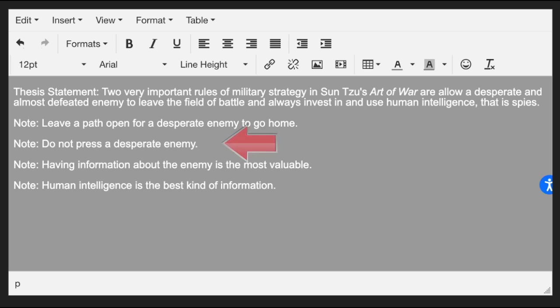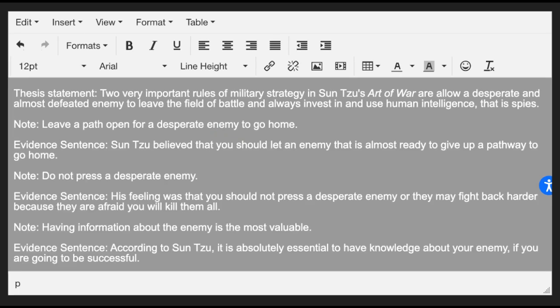Let's focus on the second note, which says very briefly, do not press a desperate enemy. The next thing we do is write a more complete sentence using the note idea. Notice we have written each evidence sentence right below each note, and the evidence sentence is longer and has more detail from the source.